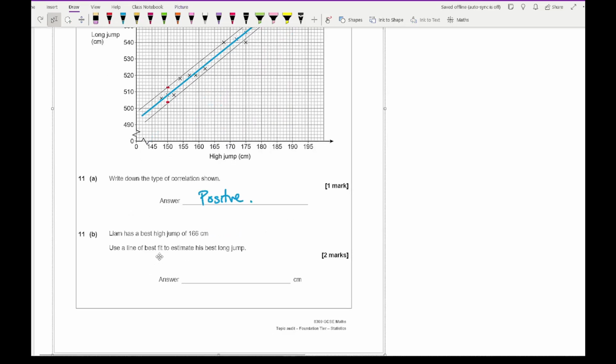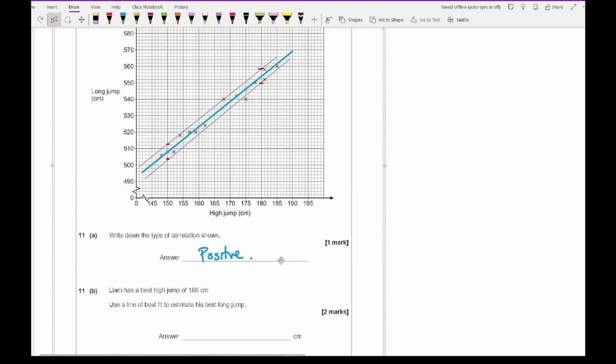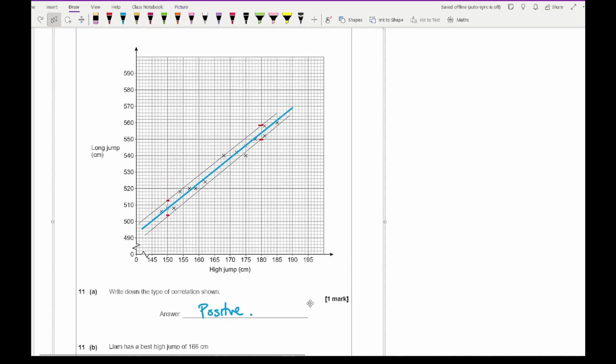Then it says use the line of best fit for the best high jump of 166, and 166 is here. As soon as it hits my line of best fit, I then want to project across. Again, as long as you're using your correct line of best fit, that should be absolutely fine.